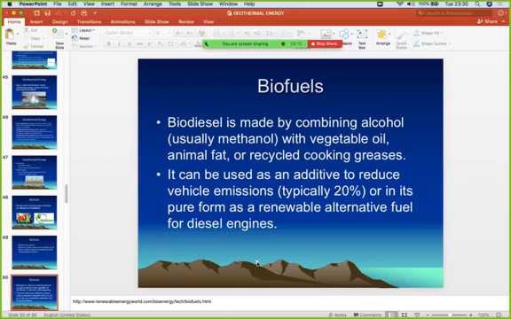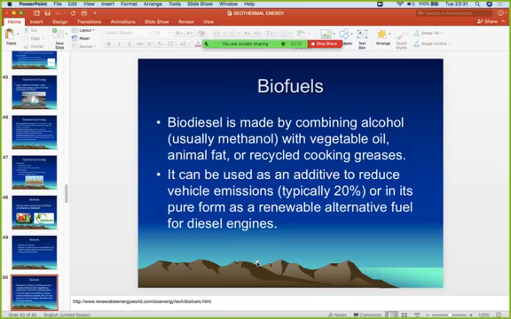That's why some traders will buy vegetable oils and other recycled cooking greases, because they are manufactured into biodiesel.